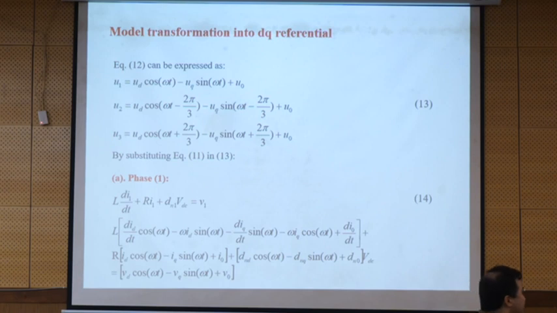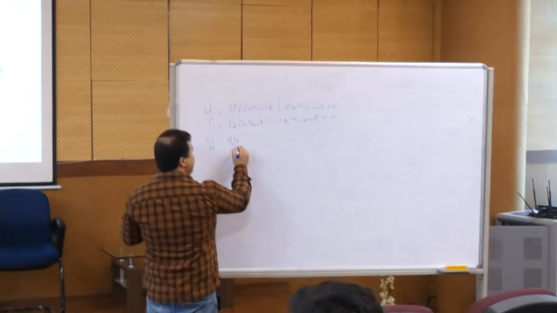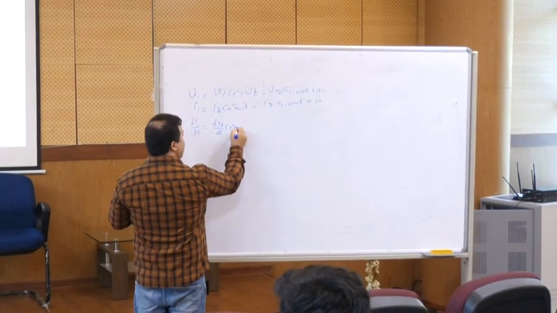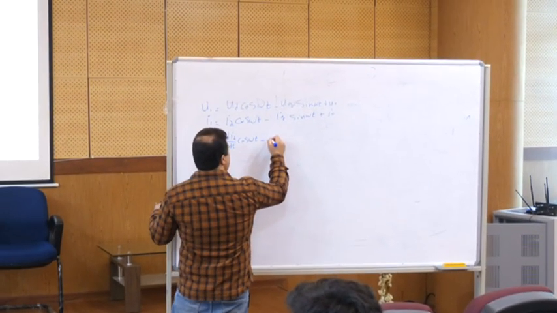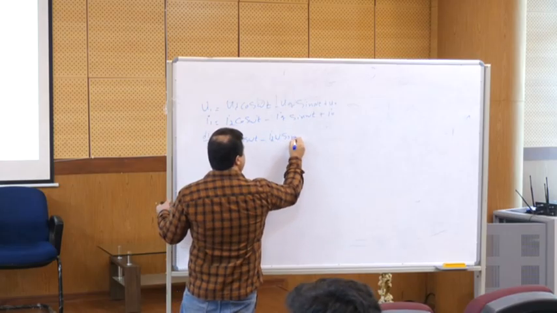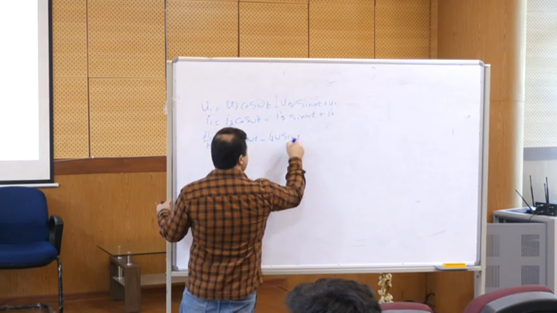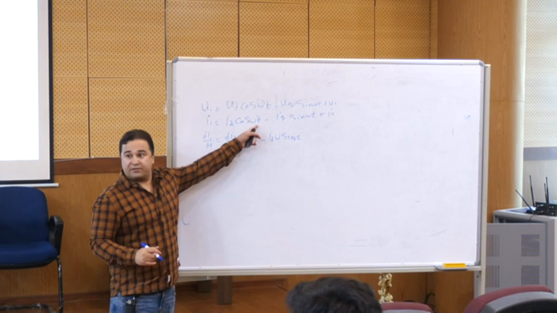So di/dt is did/dt cosine omega t minus id omega sine omega t. Do you agree with this?